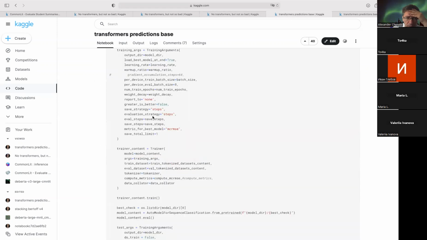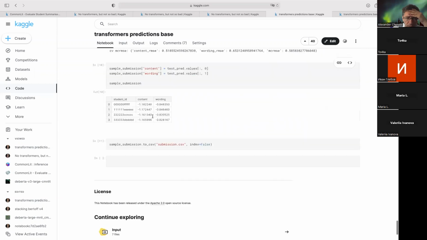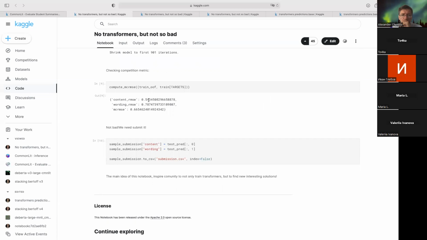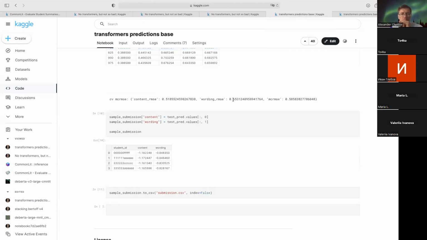In the notebook where I train transformer models, the content score has an almost similar value to the notebook which didn't use transformer models, but wording is much better. Models without transformers have a much lower score in wording, but almost similar in content.